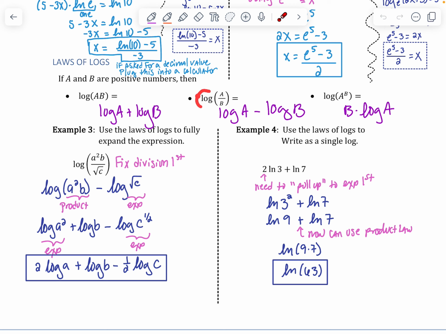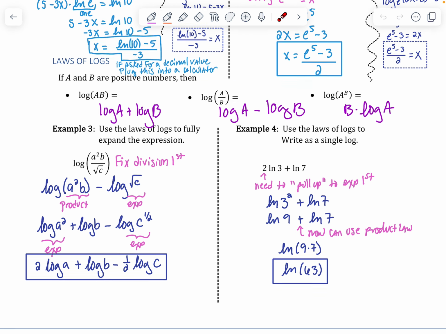Or instead, if you have a single log of a quotient, you can write it as 2 separate logs that are subtracted of each term of the quotient, the numerator and the denominator. And lastly, if you ever have a log of a value that is to an exponent, you are allowed to pull that exponent out front and just leave it the log base a. And really you can use the product formula to help figure out how that exists.